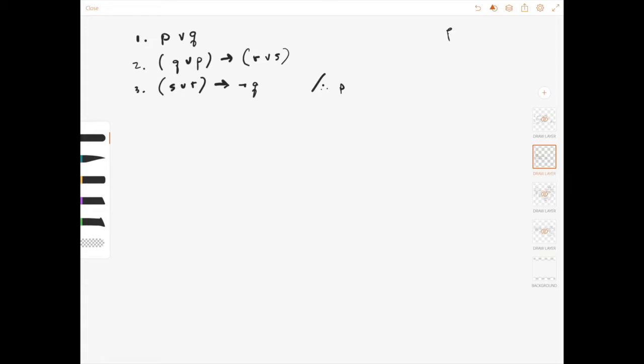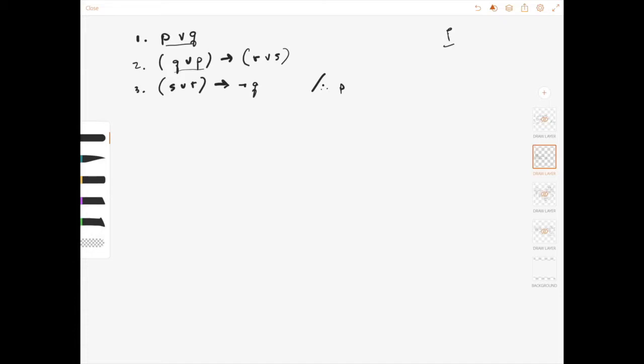So here's how I'm thinking about this one. We need to conclude P. There's several considerations in the premises that we have, and I just want to point out a couple of things to you. First of all, the P or Q in line 1 and Q or P in line 2, those two expressions are actually logically equivalent.